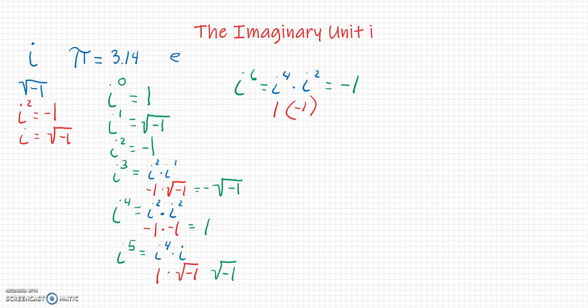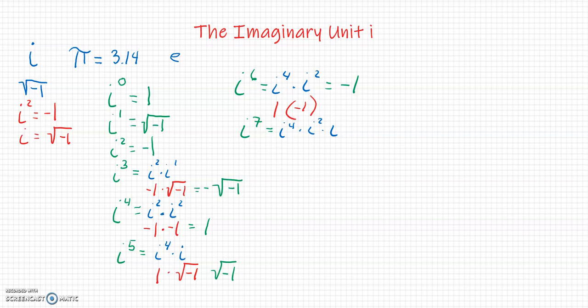i to the seventh should give us the same thing as i to the third. So let's double check and see. i to the seventh, do the same thing. Let's use the easy ones. i to the fourth. Well, let's do i squared, because that's easy. i squared times i, because 4, 5, 6, 7.